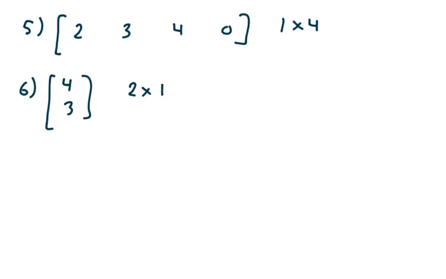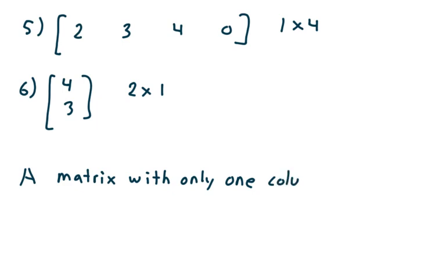Now, a matrix with only 1 column is called a column vector. So again, I'm just going to write that real quick here.